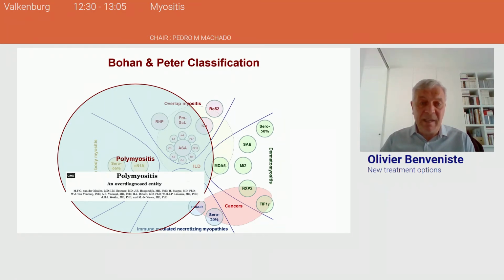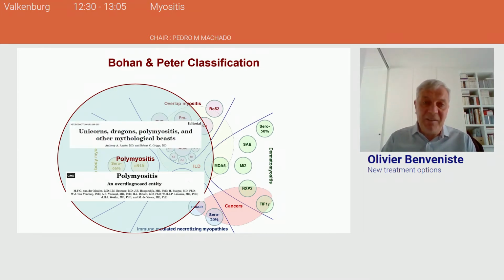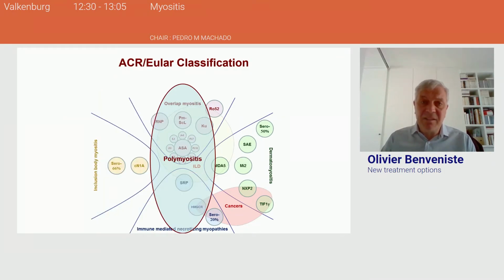This group, led by Marianne de Visser, already wrote that polymyositis was an overdiagnosed entity, and in the same journal, Tony Amato said that polymyositis at the end of the day is a sort of unicorn and mythological beast. Coming back to the more recent EULAR myositis classification, polymyositis still regroups, in fact, what I call overlap myositis and immune-mediated necrotizing myopathies.